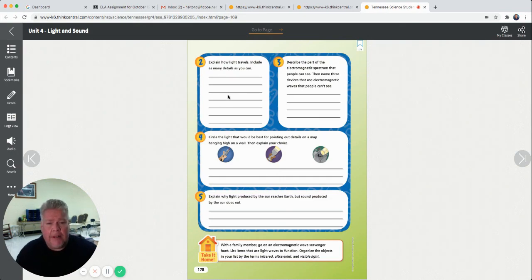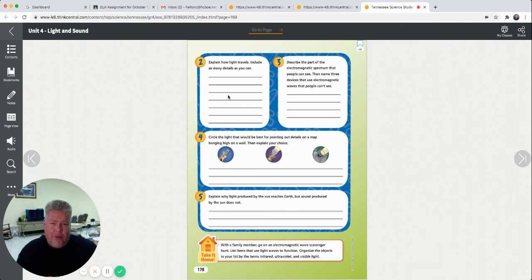Describe the part of the electromagnetic spectrum that people can see. Then name 3 devices that use the electromagnetic waves that people can't see. Okay, well, that part of the electromagnetic spectrum that we can see was called visible light. Visible light contains those colors of the rainbow we just talked about: red, orange, yellow, green, blue, indigo, violet.